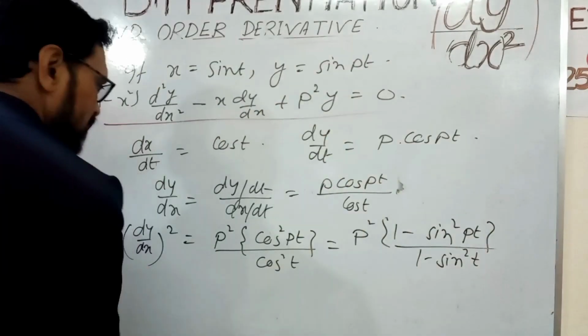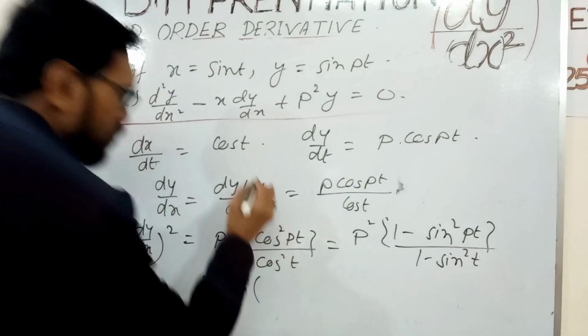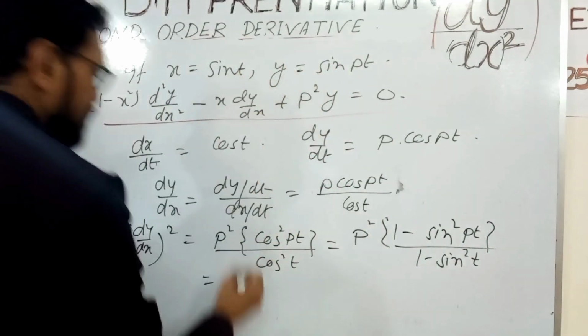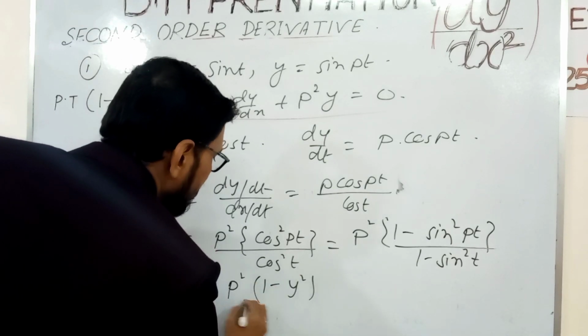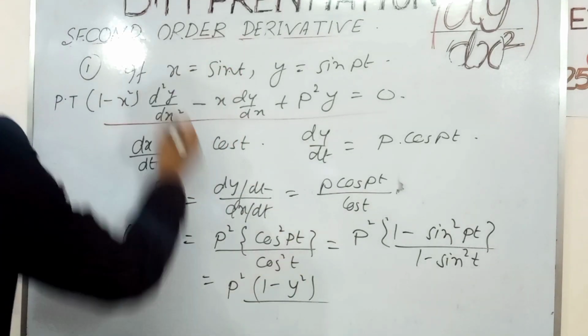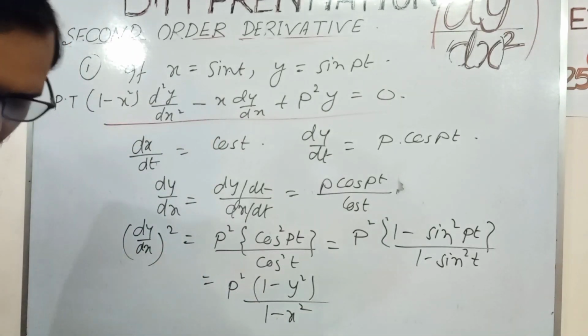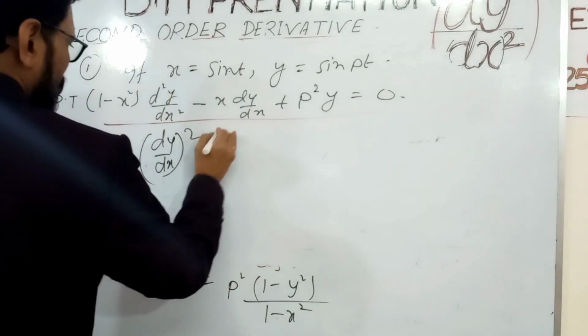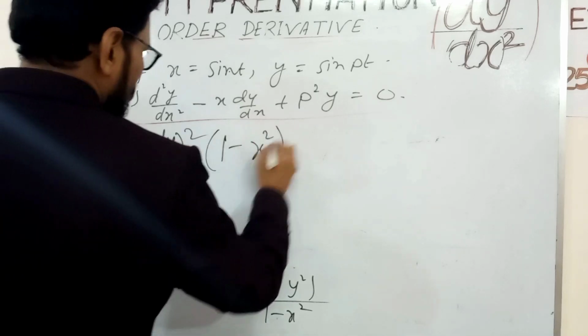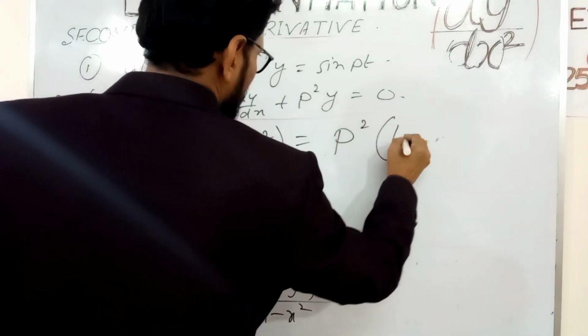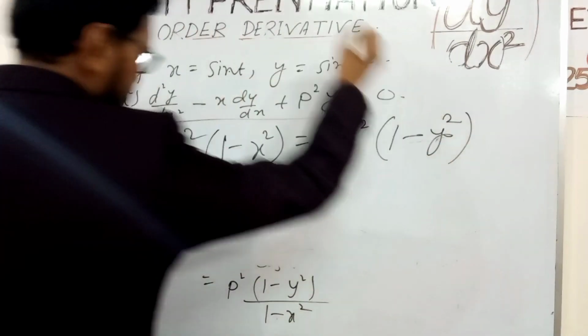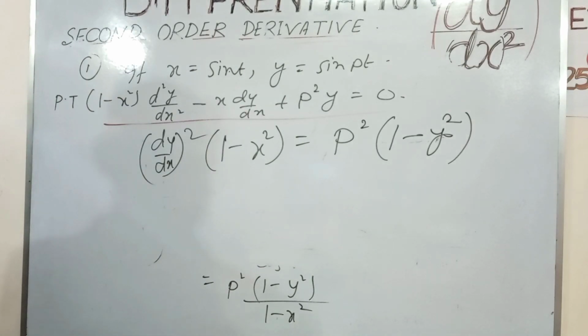Now we can put sin pt, what is sin pt? y. What is sin t? sin t is x. So we get (dy by dx) whole square into (1 minus x square) equals p square (1 minus y square). So this is a technique.